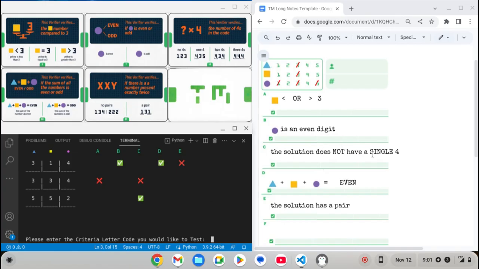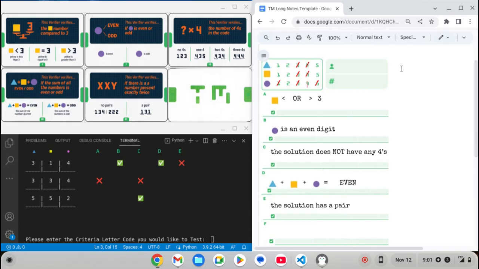Let's see, the solution does not have, how about, let me just change it to any 4s. I don't know, for some reason that doesn't sound right, but we'll say that. So let's go ahead then, cross out all the 4s.